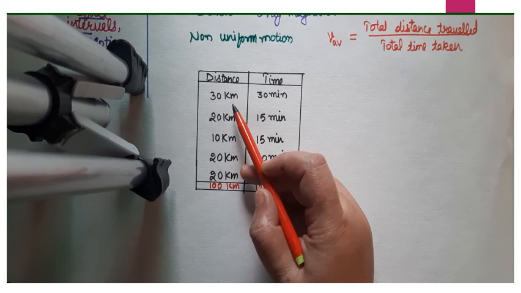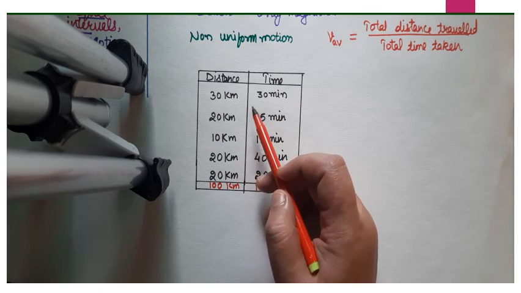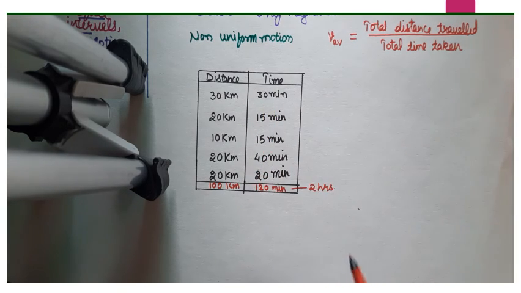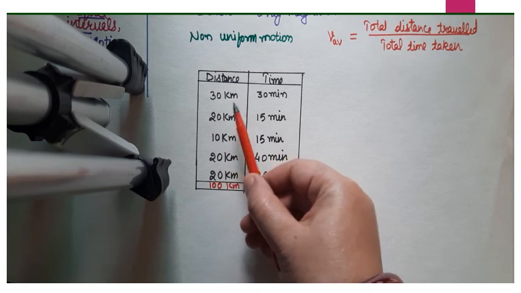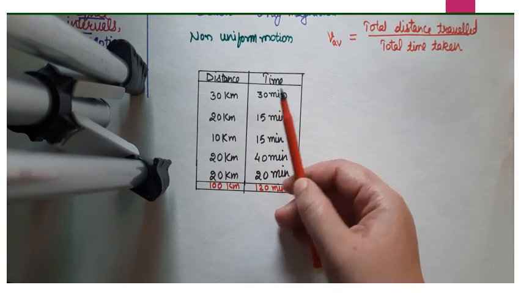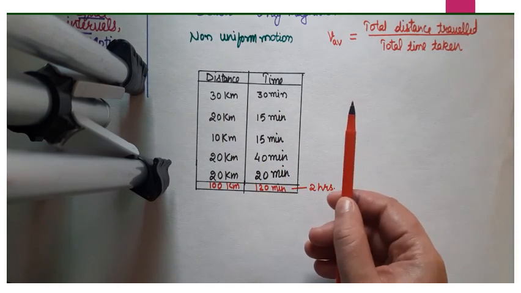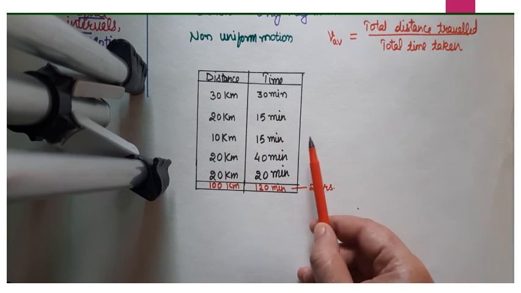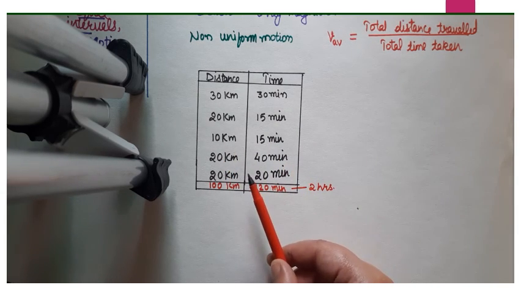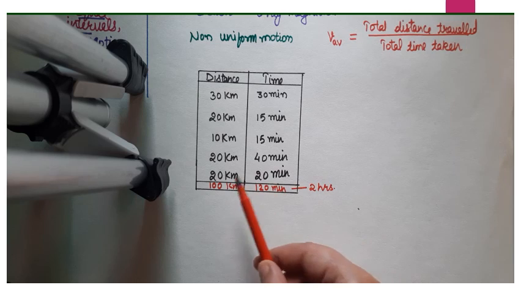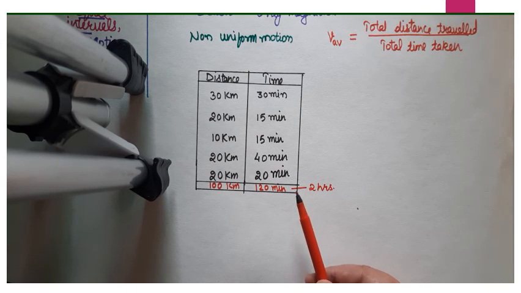So, the journey in parts and the time taken has been shown here in this table. Here it travels the first 30 kilometers in 30 minutes, then the next 20 kilometers in 15 minutes, next 10 kilometers in 15 minutes again, next 20 kilometers in 40 minutes, and the last 20 kilometers in a time of 20 minutes.